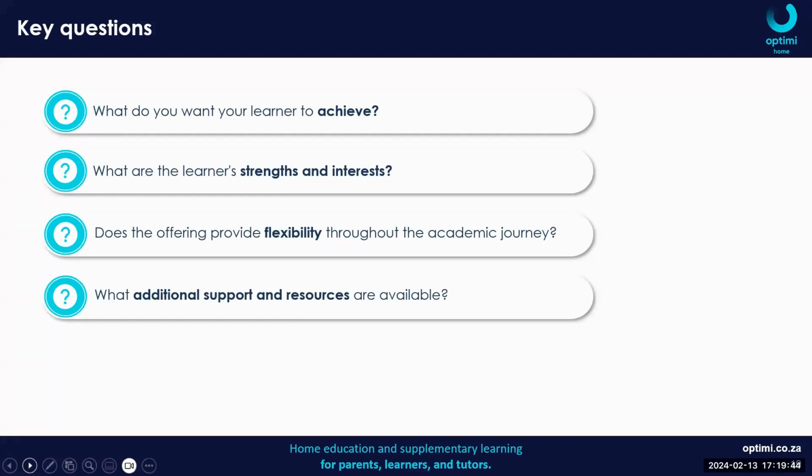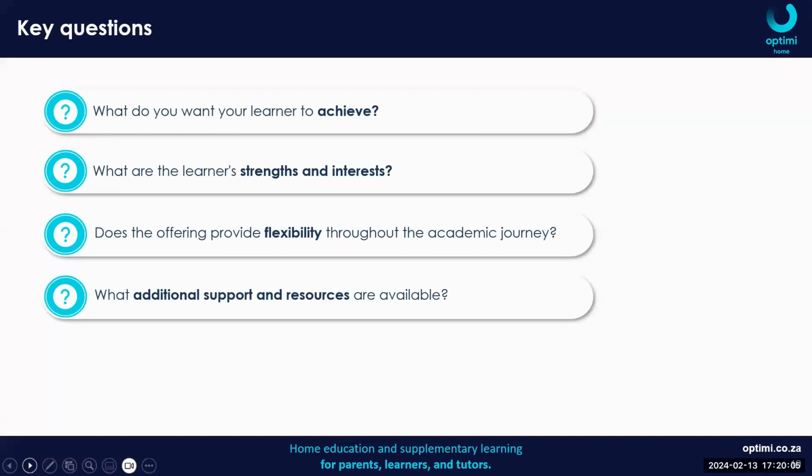So it's always important to keep in mind, what is it that I want to achieve with my learner? We deal with a lot of learners where the achievement that the parents want for their child, or where the child specifically wants a particular achievement, is at least just a grade 9. They want to have that school leaver certificate.